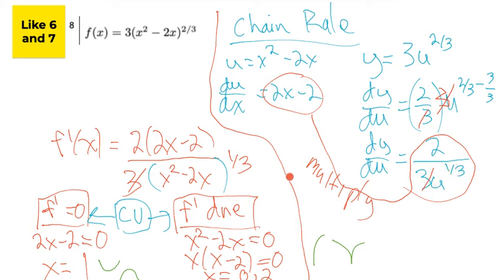So I come over to here and then I write out the chain rule in full. So remember that I multiply du by dx by dy by du, right? I multiply those two together for the chain rule. So it's going to be 2 multiplied by 2x minus 2, and that becomes my numerator. Then the bottom is u to the 1/3. Well, what's u worth?